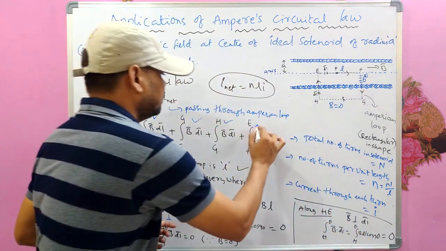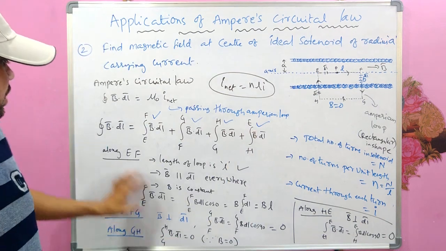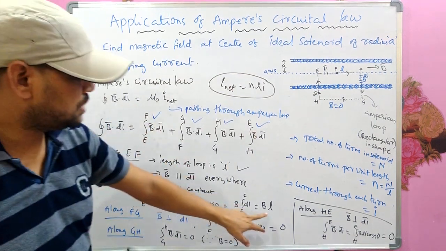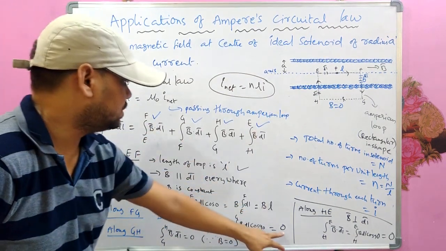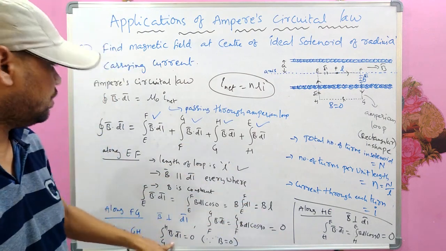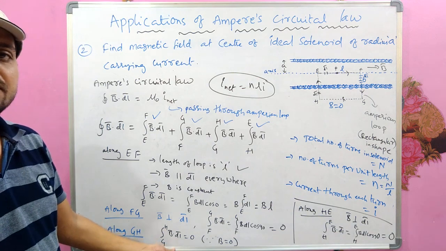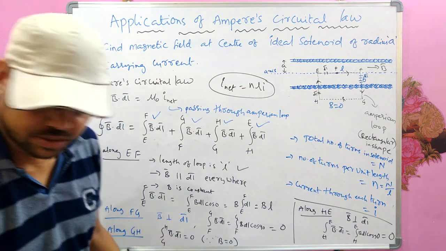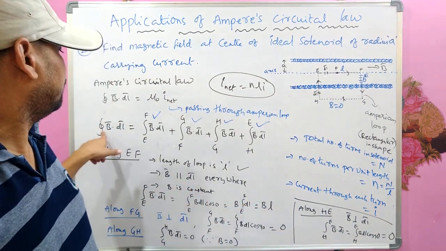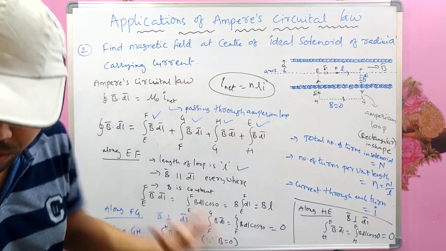So this is done. Now if you see, the first integral value is BL, the second integral value is 0, the third integral value is 0, and the fourth integral value is also 0. Now if you substitute all of them in this equation, then we will get the total line integral.